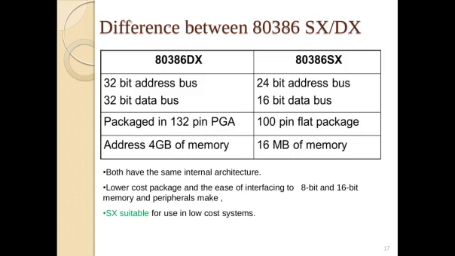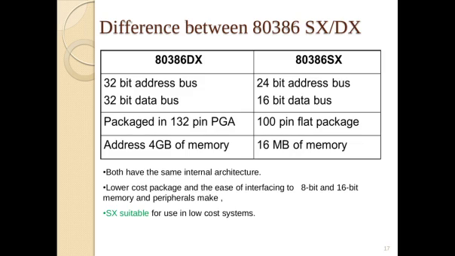What is the difference between the SX and DX versions of 386? In the DX version, a 32-bit address bus and 32-bit data bus is provided, whereas in 386SX, a 24-bit address bus and 16-bit data bus is provided.